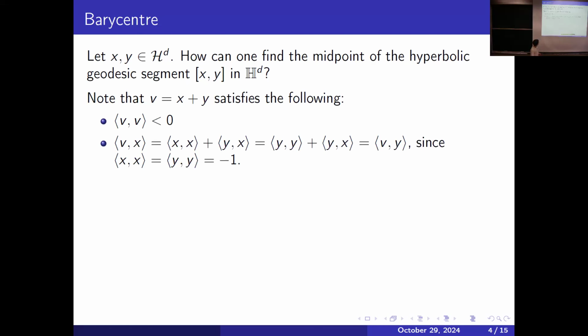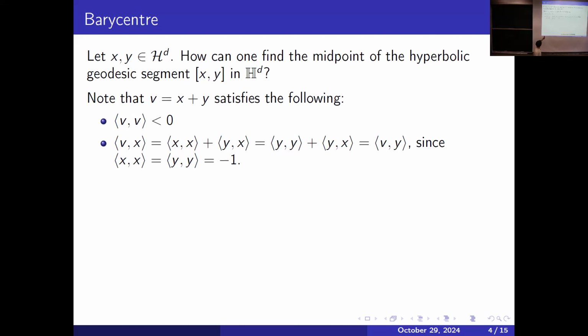Moreover, which is also very important, the fact that v·v is negative implies that it can be rescaled by some positive number in such a way that the scalar product is equal to -1.